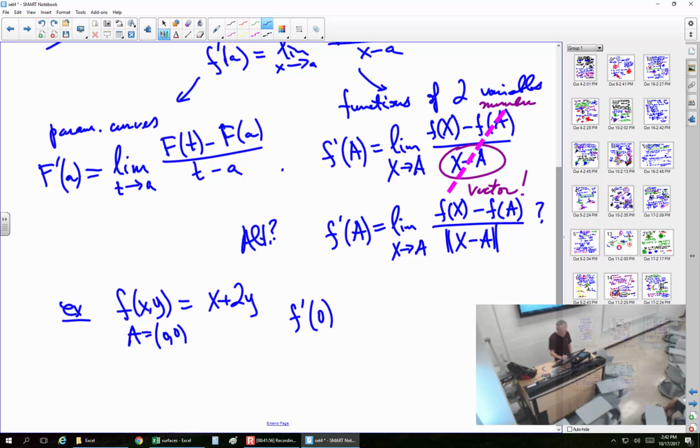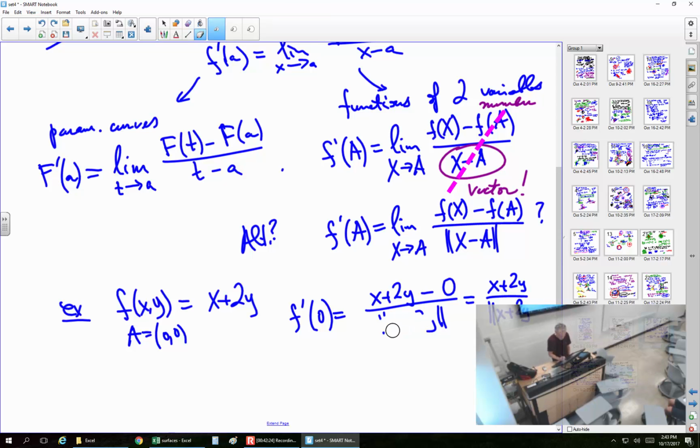F prime of 0, 0 being 0, 0. I throw out the limit. I have x plus 2y minus 0 divided by the magnitude of xy. I'm sorry, I messed up the denominator. The denominator is the magnitude of xy.